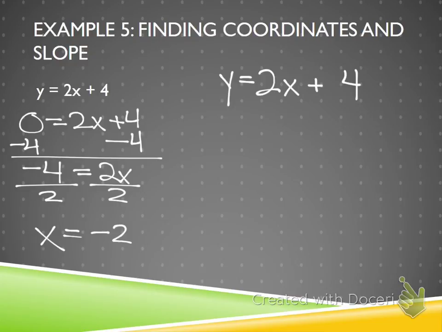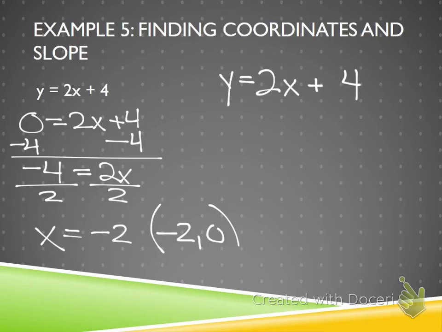I want you to make this an ordered pair now. You know that your x value is negative 2, and what value did you plug in for y? 0. So your ordered pair is negative 2, 0. You see that? Your x answer was negative 2, and the value you plugged in for y was 0, so make it an ordered pair.